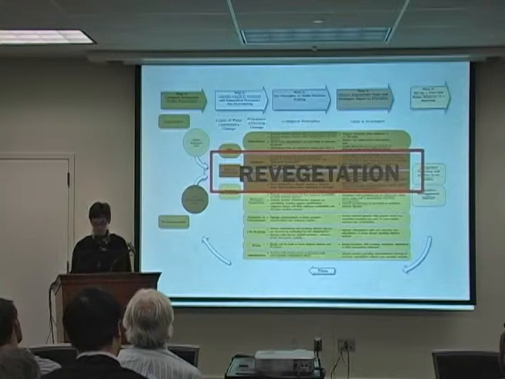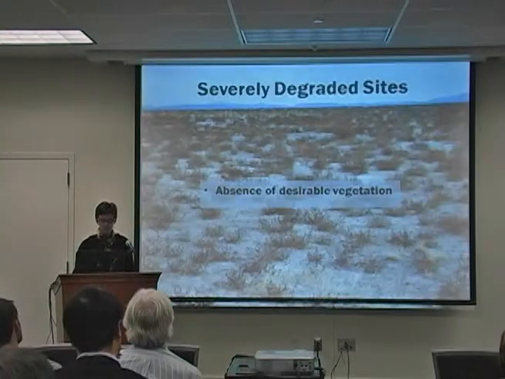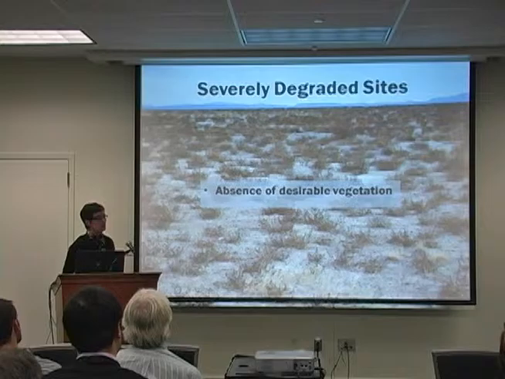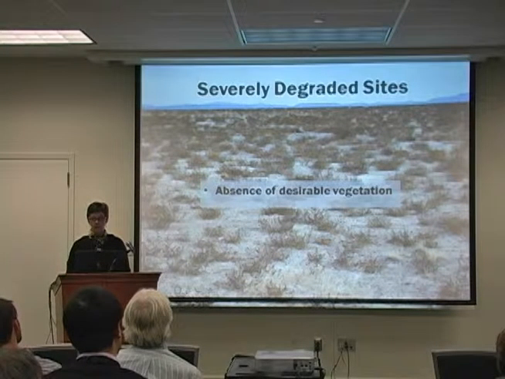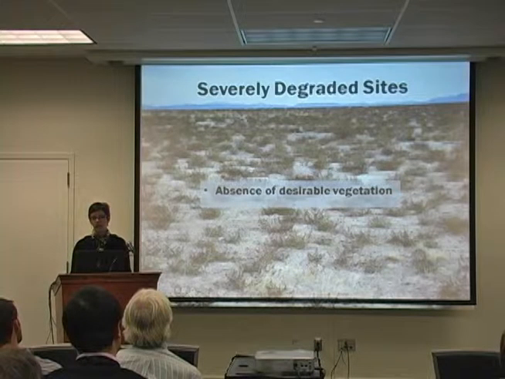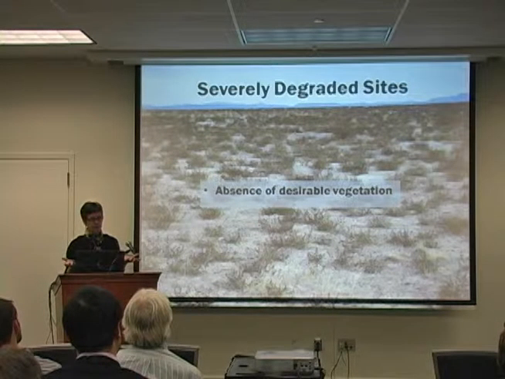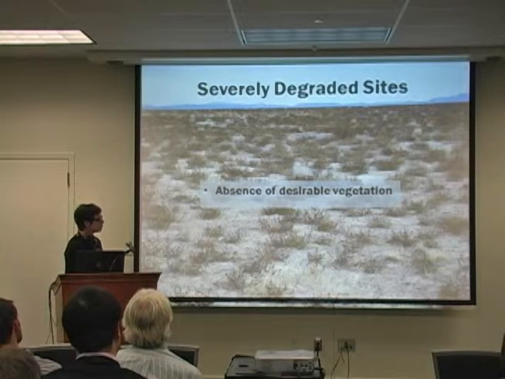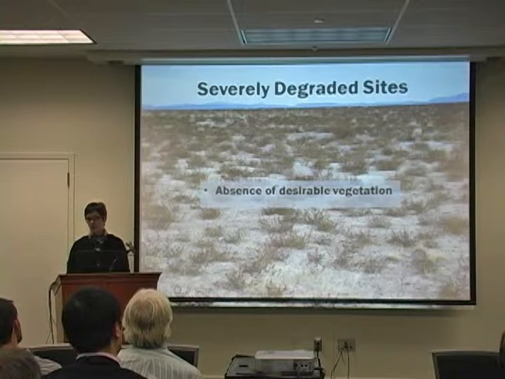So we're really thinking about revegetation. When we think about revegetation, we are looking at those sites that are so severely degraded that we would not expect plants to come back on their own. They've crossed some threshold where we have the absence of desired vegetation.